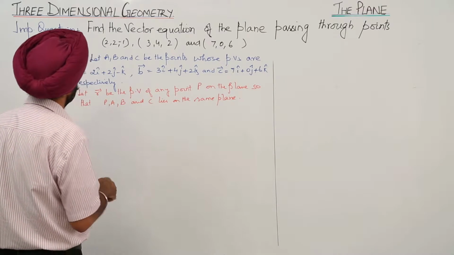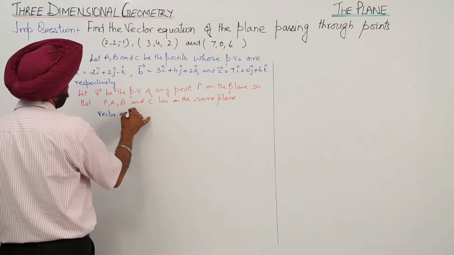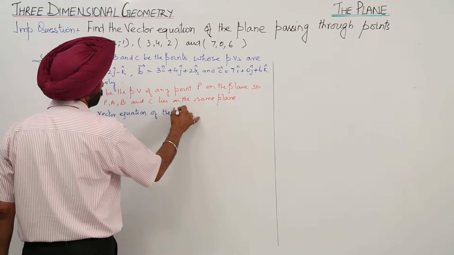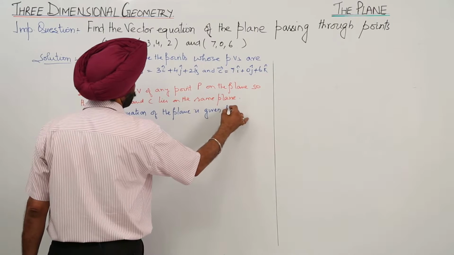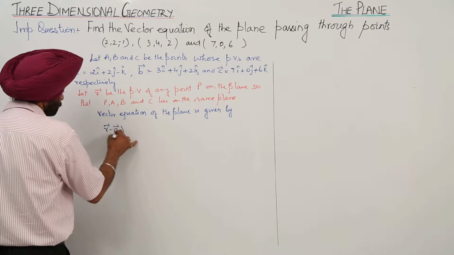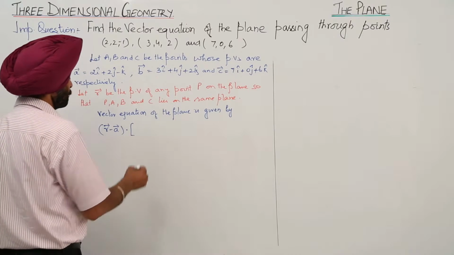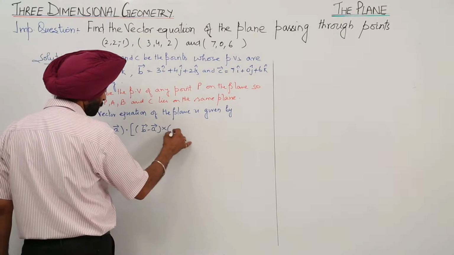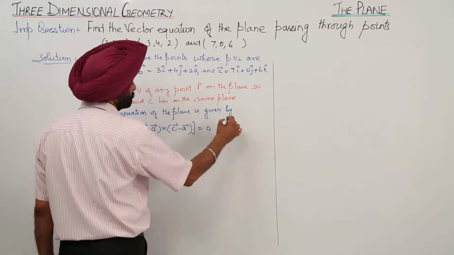Now, the vector equation of the plane is given by vector R minus vector A dot product, vector B minus vector A cross product, vector C minus vector A is equal to 0.